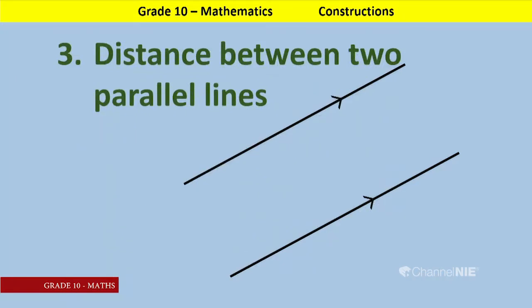Distance between 2 parallel lines, that is not just a line. Let's take A on any point. This is the shortest distance between 2 parallel lines. We call that also a perpendicular line between 2 parallel lines.